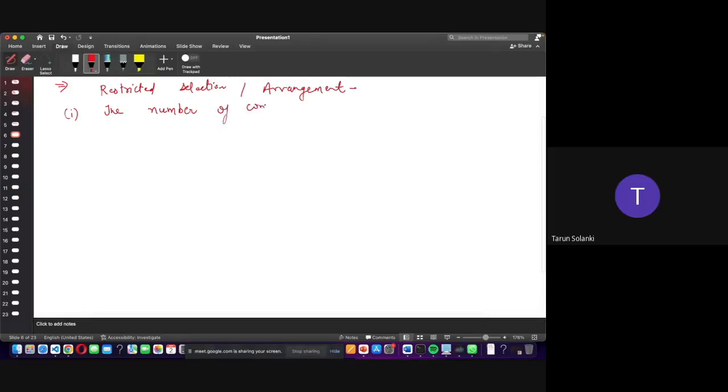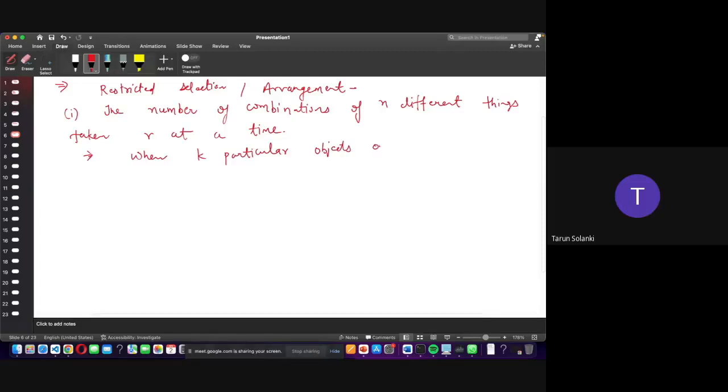The number of combinations of n different things taken r at a time, when k particular objects always occur, is (n-k)C(r-k).